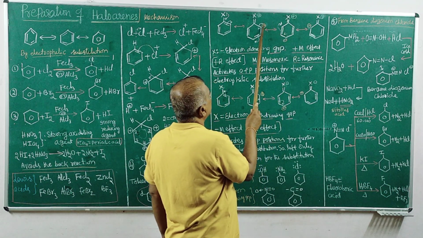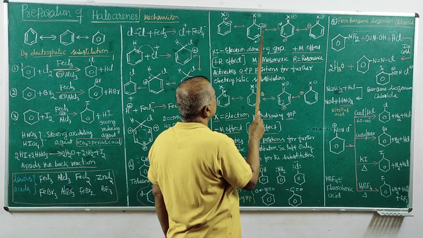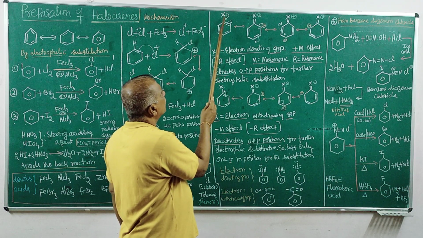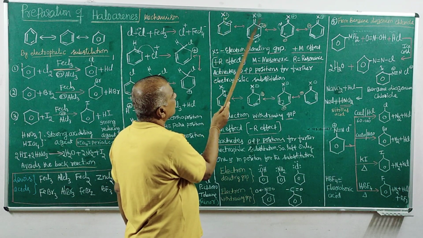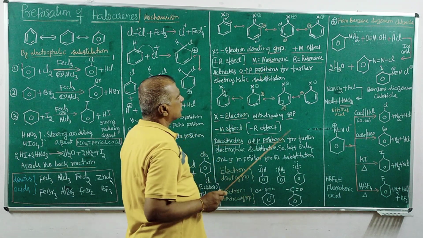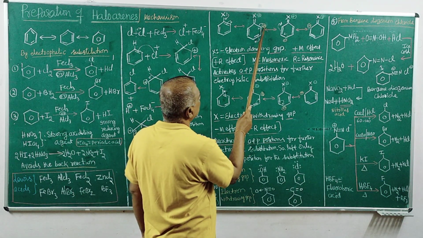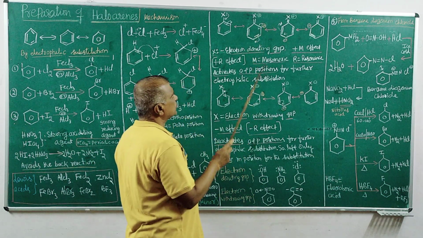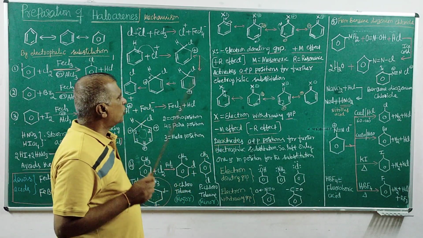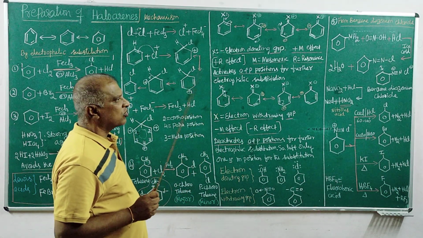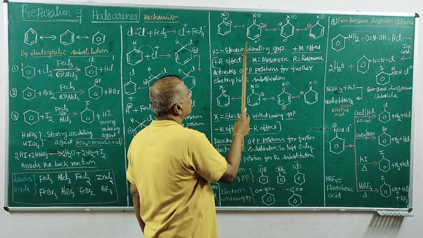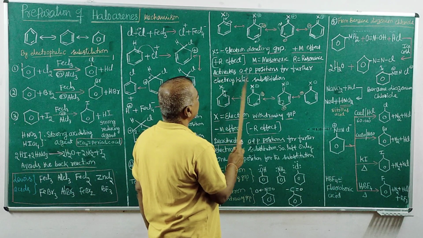Again, at ortho, para, ortho positions only you see the negative effect. The presence of an electron donating group will create negative charge at ortho and para. Those positions are electron rich, and usually the electrophile is plus. So electrophilic substitution easily attacks at ortho and para. It favors, that is, activates.